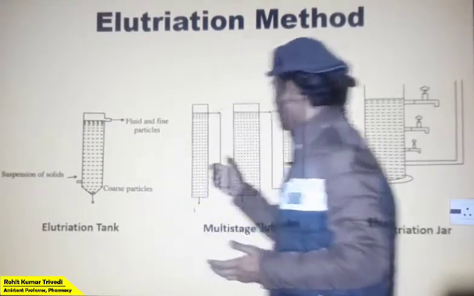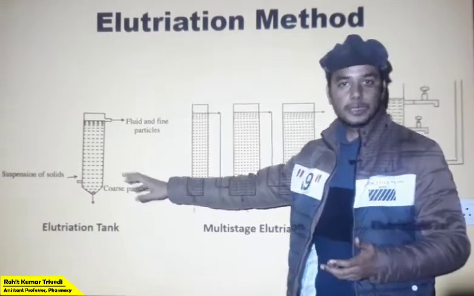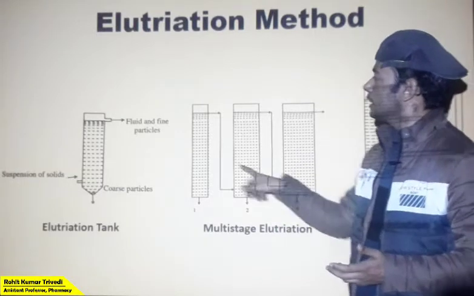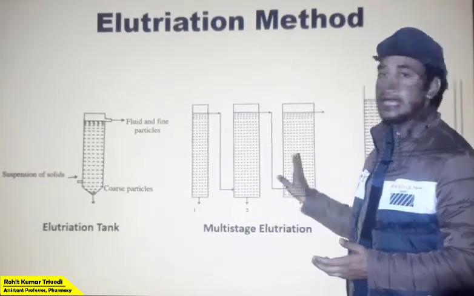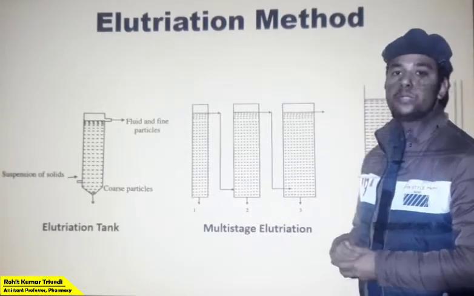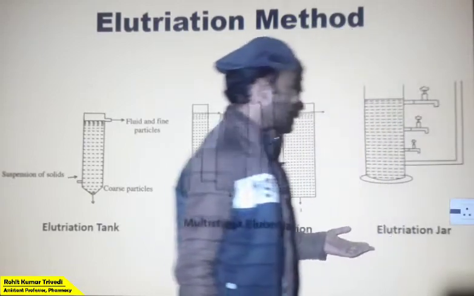Now coming to the multi-stage elutriation, basically these two methods are exactly the same, but in this multi-stage elutriation you can see we have increased the tanks. That is why it is called multi-stage elutriation. And the third one is the elutriation jar.